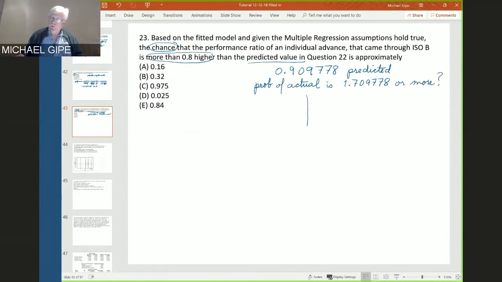So what are we doing? The word predicted should tell you something, right? If this is our model, and that model is for an ISO-B, we can look at a prediction interval.